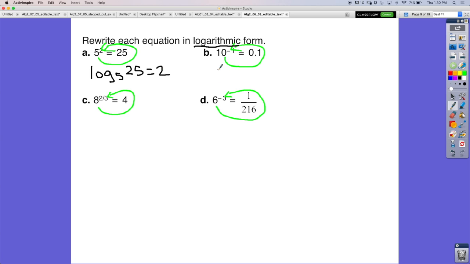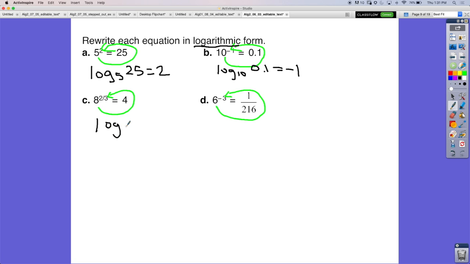Okay, here we go. This one. Log base 10 of 0.1 equals -1. Very good. Here we go.